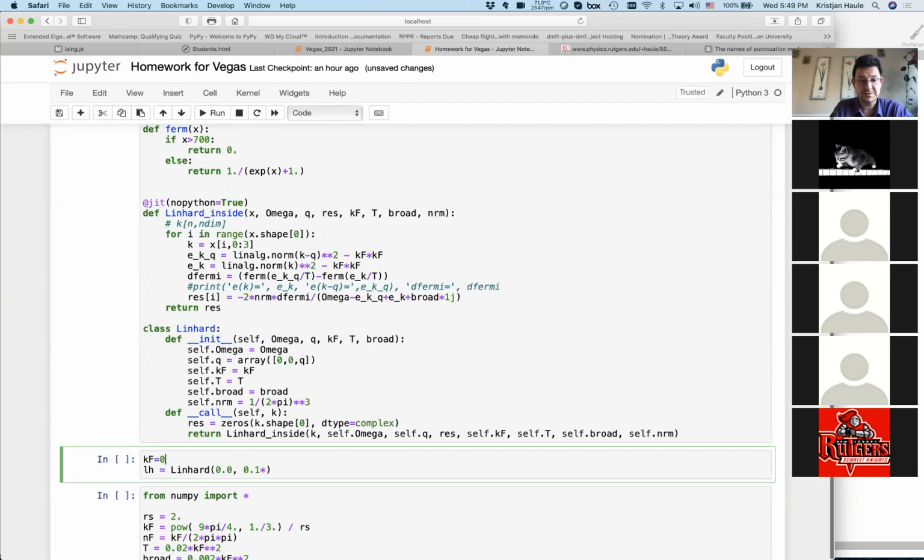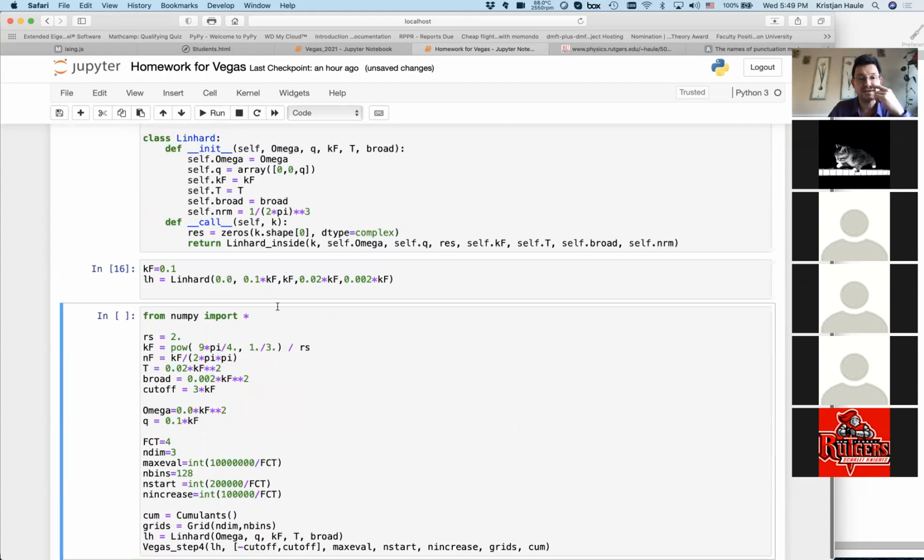I can say that KF is 0.1. Then Q is 0.1 times KF, temperature is 0.02 times KF, and broadening, let's say, 0.002 times KF. Okay, so now I defined the class, but of course I didn't call anything yet.